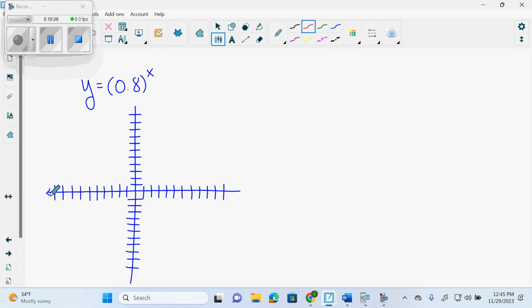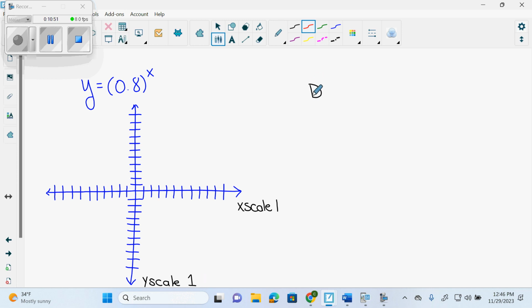Now, guys, the catch is this. You always have to say what your scale is, correct? So we're going to say x scale of 1. That just means every tick is worth 1. And y scale of 1. So I want you to sketch the graph.